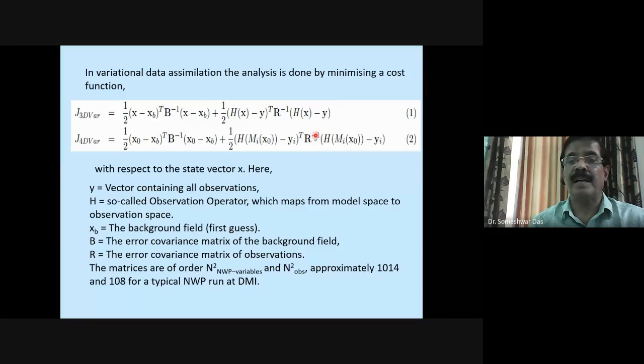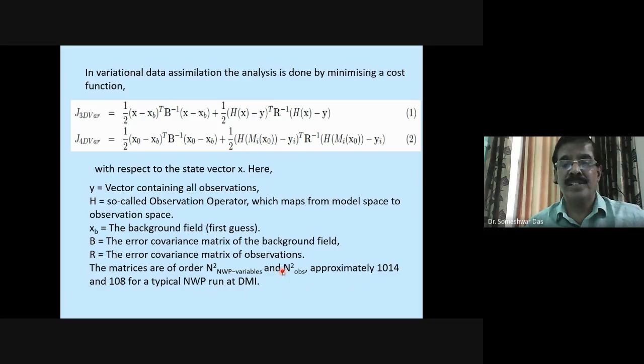The matrices are of the order of n square, number of NWP variables, and n square, number of observations. This is the size of the matrix, n square by n square, approximately 10^14 by 10^8, typical for NWP run at KNMI, the Dutch Meteorological Institute. But that depends on your domain size and the number of observations used by your model.